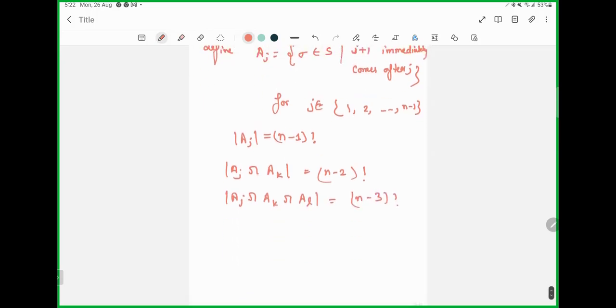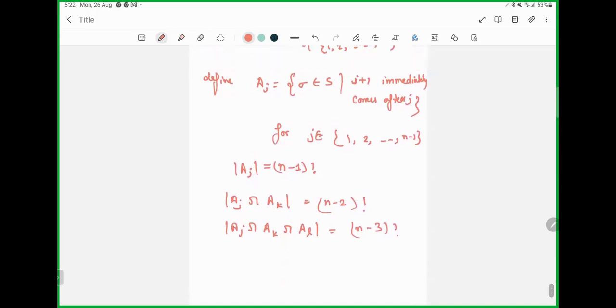Continue in this way. Now you can use the principle of inclusion and exclusion.